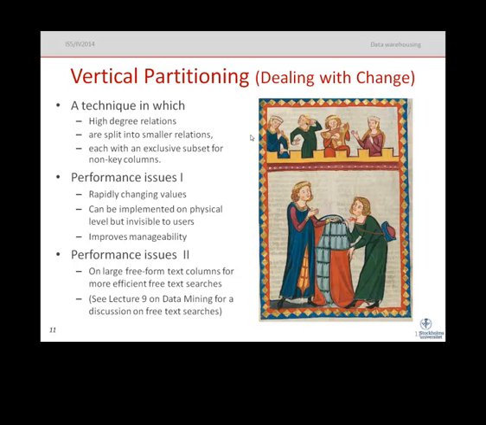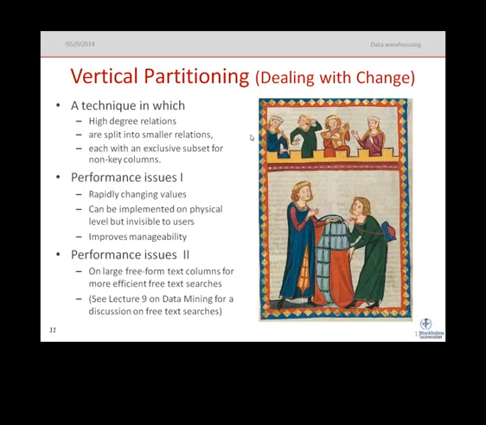When we split vertically, when we split between the different attributes, then we talk about dimensions or tables with a high degree, so high degree relations with a lot of attributes, and then they are split into smaller relations, each with an exclusive subset of non-key columns.